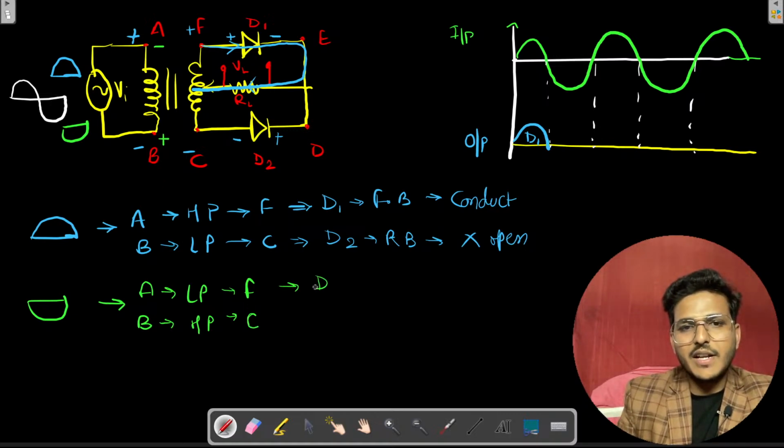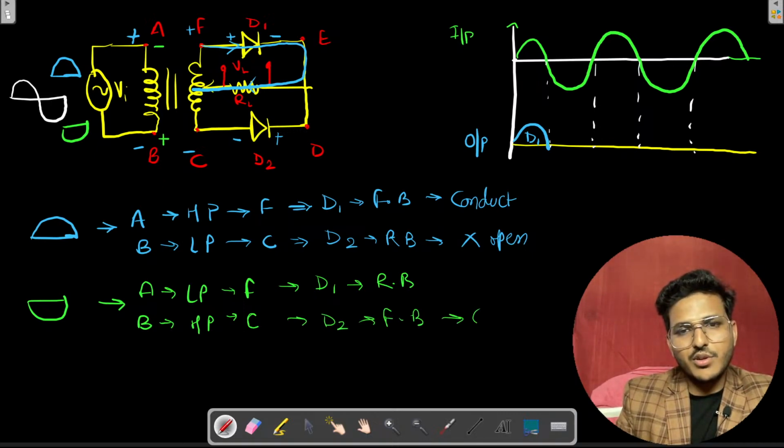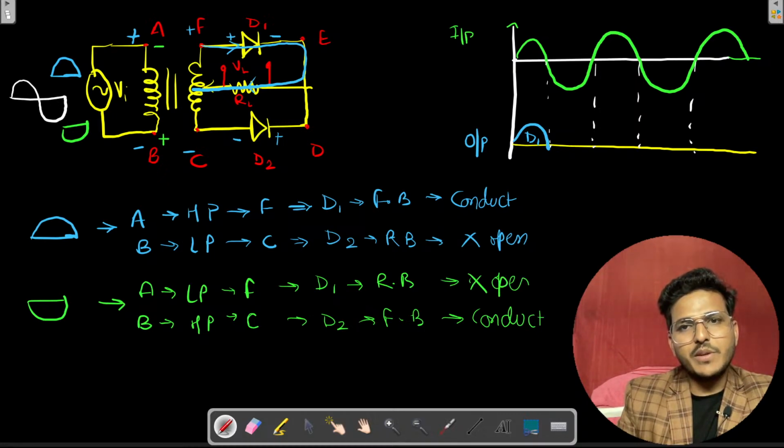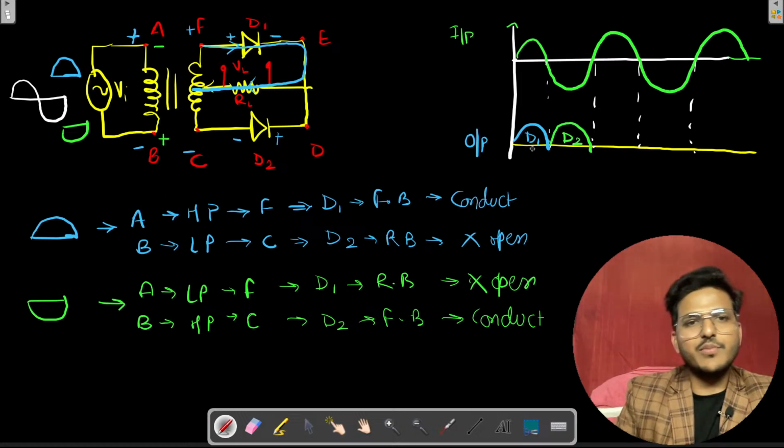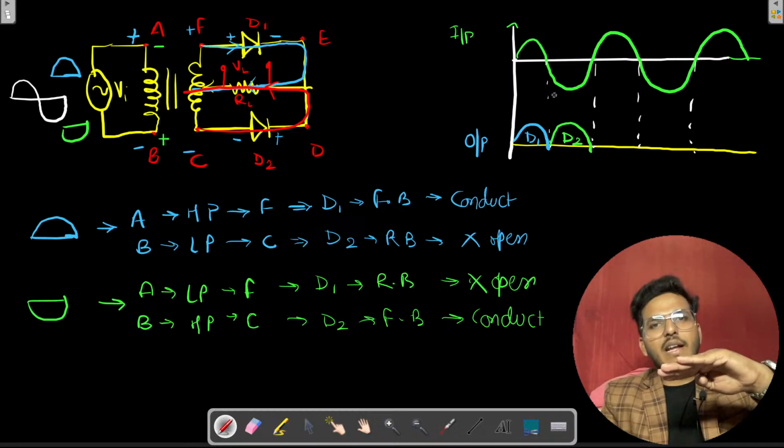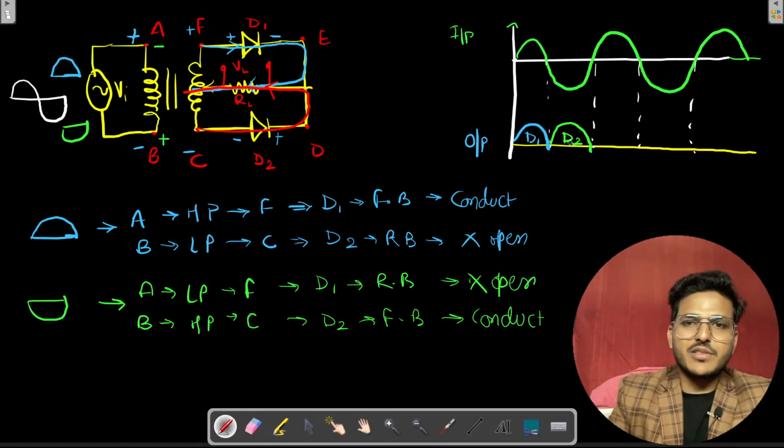So D1 is now reverse biased and D2 is now forward biased. So this one conducts and this one behaves like an open circuit. This time also I have output potential, but this one is due to D2 and the direction of this current is the same as above. So the negative phase is inverted by 180 degrees to a positive one.